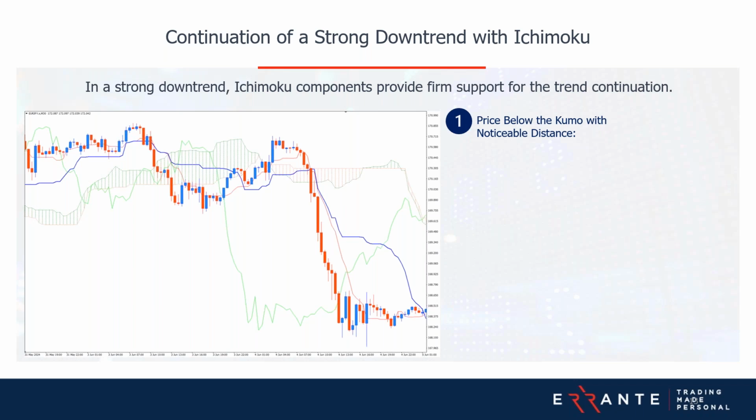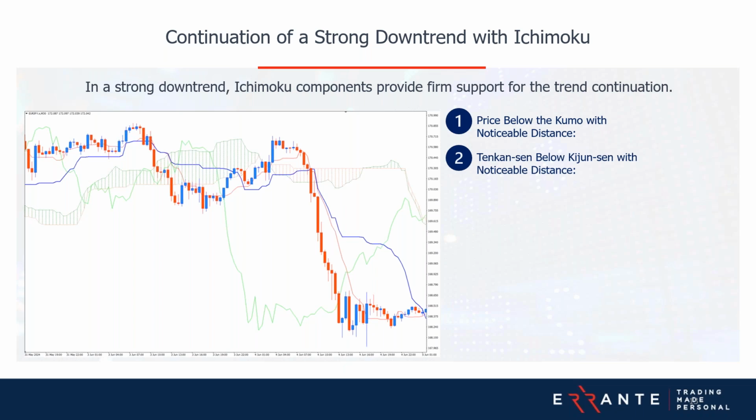The first indication is that the Kumo serves as dynamic support and resistance, and we have the price below the Kumo with a noticeable distance. So you see, it means the market momentum is able to continue this narrative below the Kumo and below the other components like Tenkan-sen and Kijun-sen.